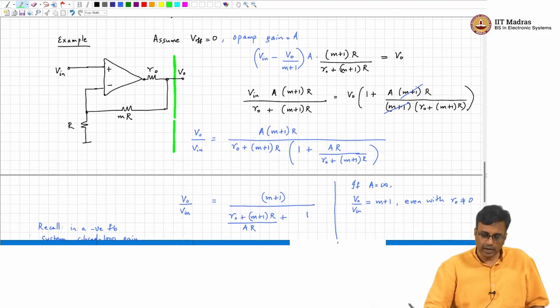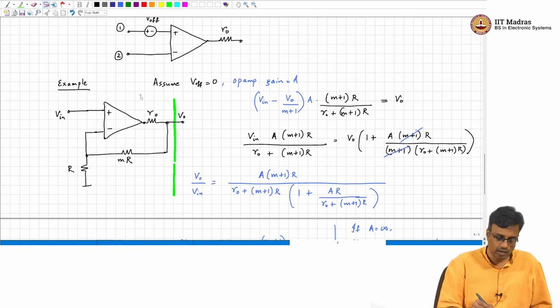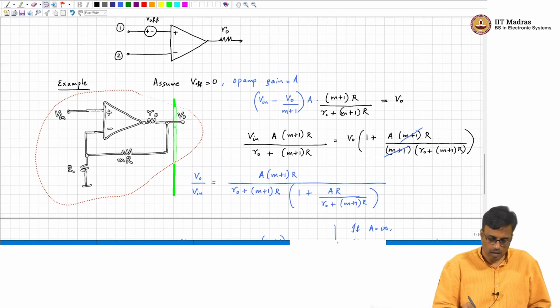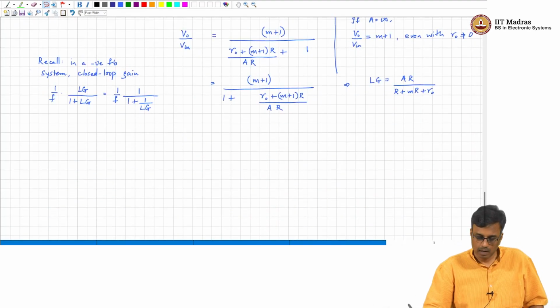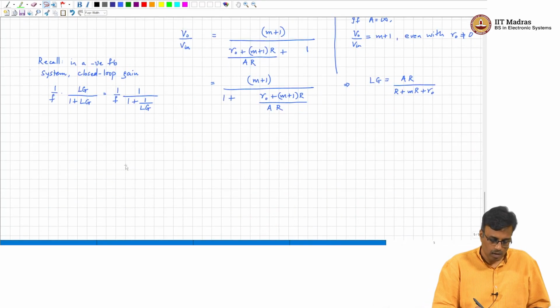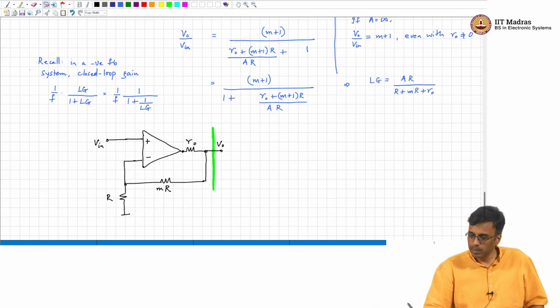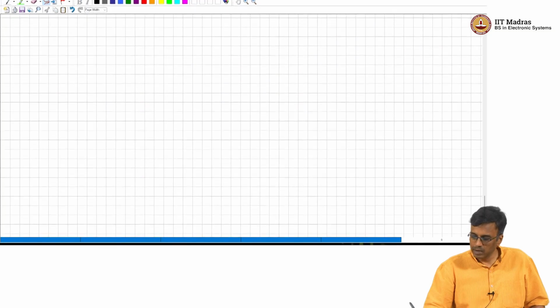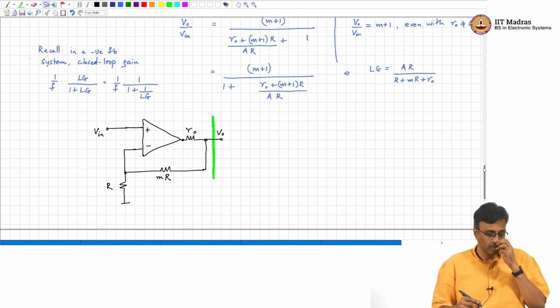To find it, we do the familiar thing of applying a test source. You set the independent voltage source to zero. Which is the independent voltage source here? Vn. We set Vn to 0.